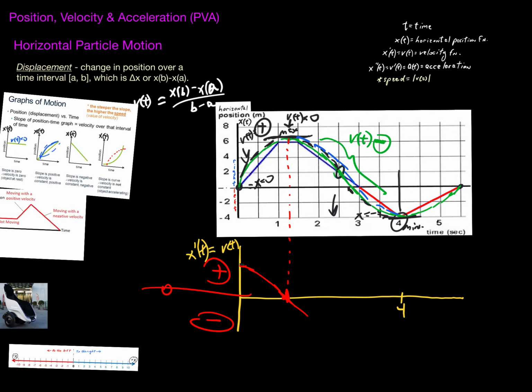That's where you have a 0. So you have negative values all the way up here until you get up to time 4, because at time 4, I meant to draw this, you have a velocity function with a value of 0 at time 4, because that's a horizontal slope. So you have a 0 value here.